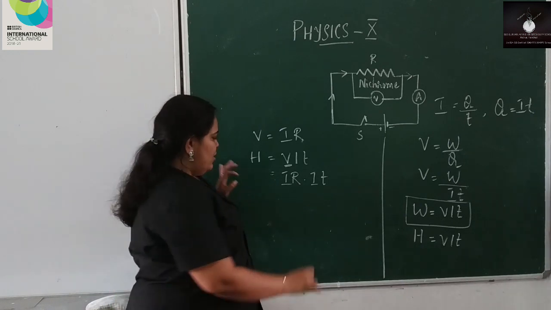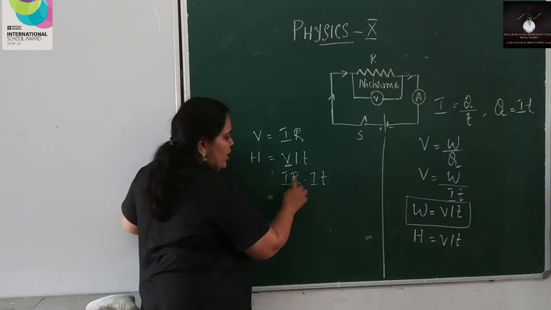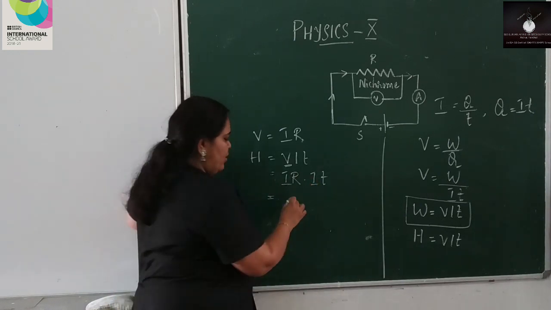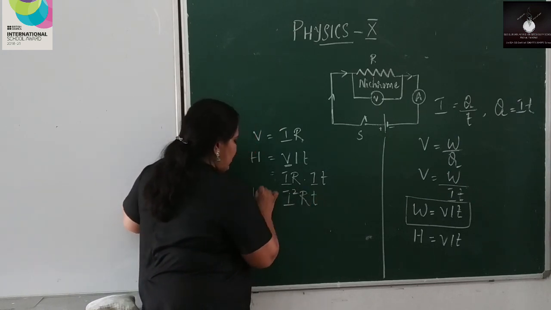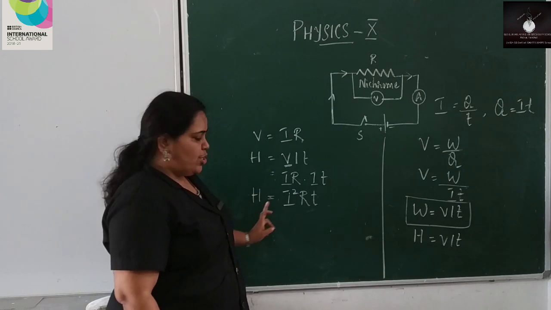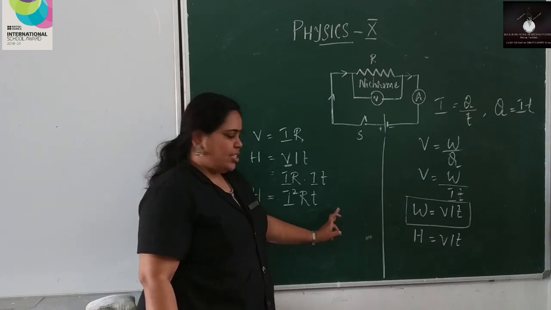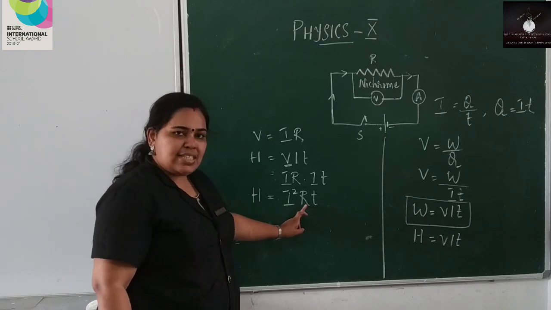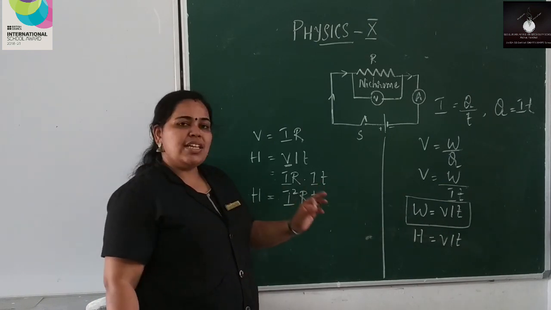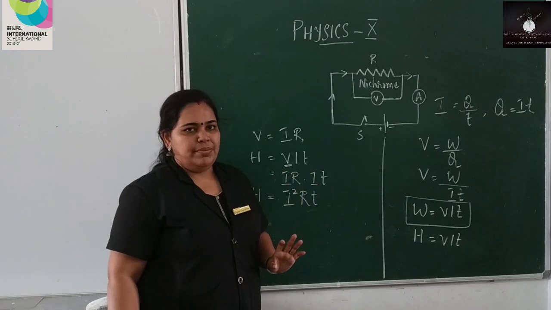Is it clear? So the equation becomes I into I, I square RT. That is, heat produced H is equal to I square RT, where I is the electric current, R is the resistance and T is the time of flow of current.